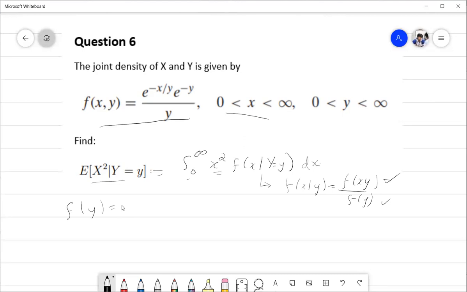So fy is equal to integral from 0 till infinity, because that's the limit, of fxy, which is e to the power minus x upon y, e to the power minus y upon y, dx, right? Integrating out x. So e to the power minus y and the denominator y, they're constants, right?